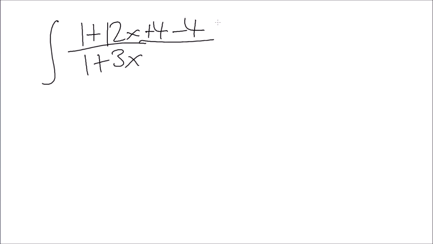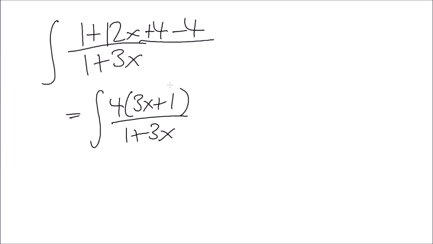Alright, zero substitution. Then we're left with 12x plus 4, which we can factor as 3x plus 1, right? So that we purposely cancel it out. And then our leftover, we have minus 4 plus 1. That's negative 3, right? Minus 3, over 1 plus 3x.